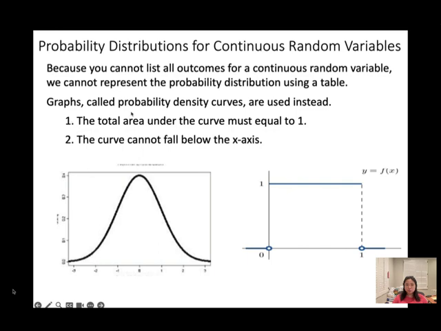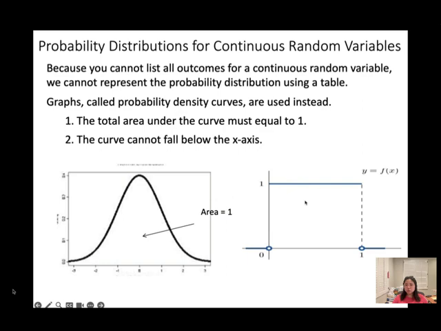It fulfills these two requirements. The area under the curve, the bell shape here, has to be equal to 1. And the curve cannot fall below the x-axis. It's always above the x-axis here.